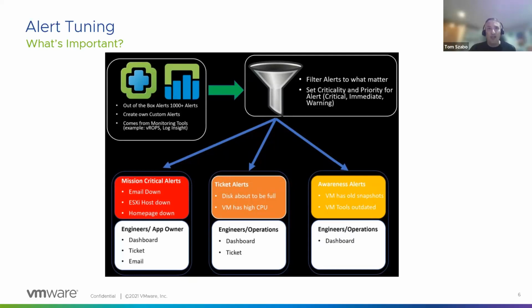Going back to the poll, it looked like half of the respondents aren't currently using it. So what we typically say is, start by understanding some of the out-of-the-box alerts that are available. There's literally thousands of them. And instead of just scrolling through these things, I would recommend using the filter.